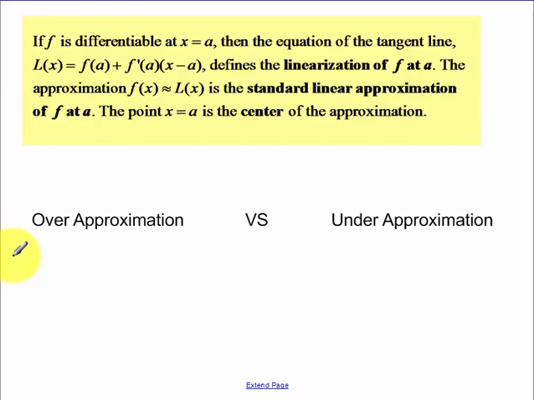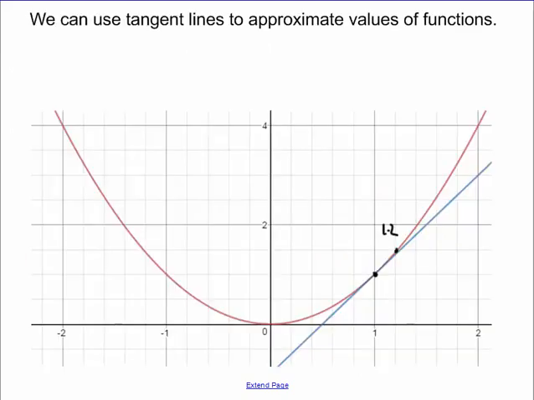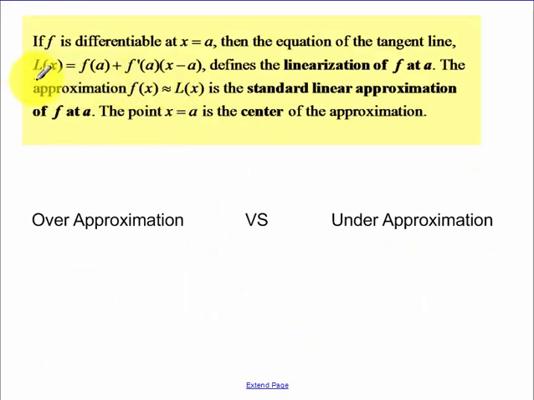Okay, so now the calculus behind everything. So f is differentiable at the point, and we have our equation of our tangent line. That's why back here on this slide, that's what I have there. F prime at a, and this was f of a. So our linear approximation is this.